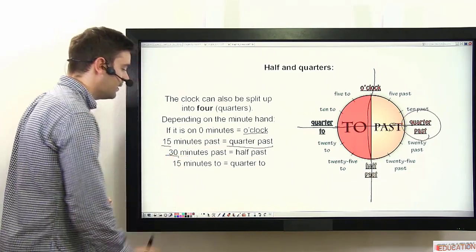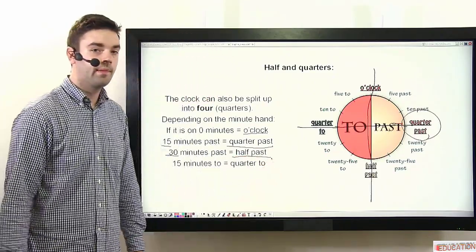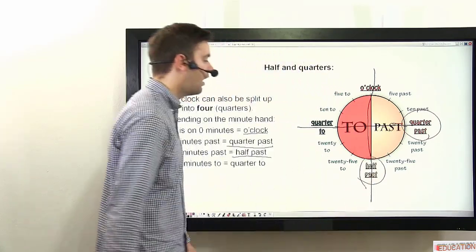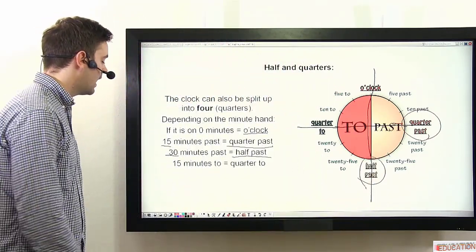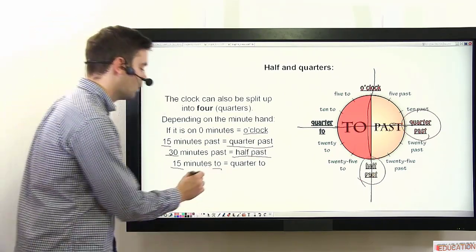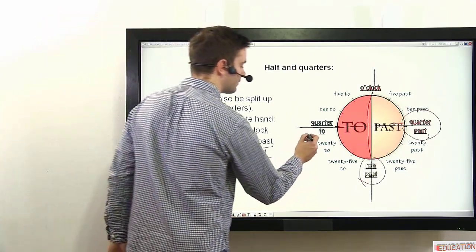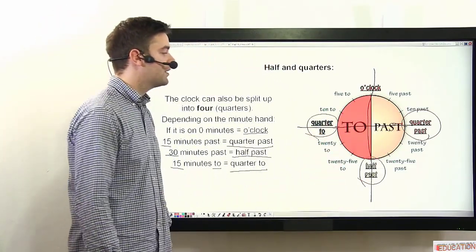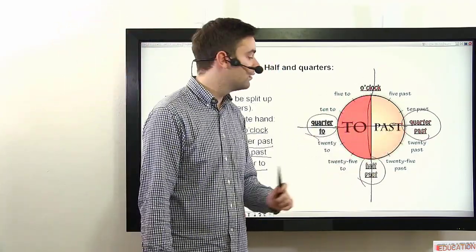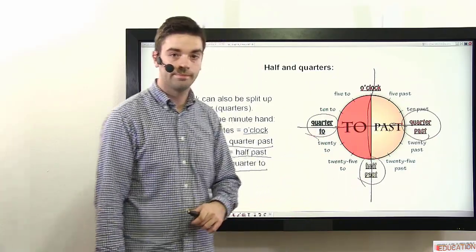If it's 30 minutes past, we can say half past. And if it's 15 minutes to, we can say quarter to. O'clock, quarter past, half past, quarter to.